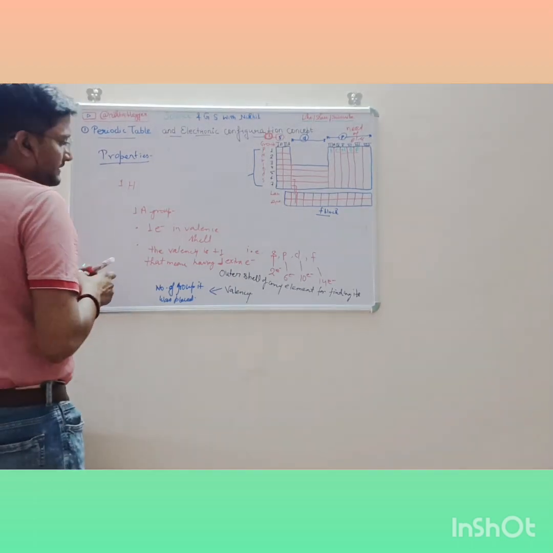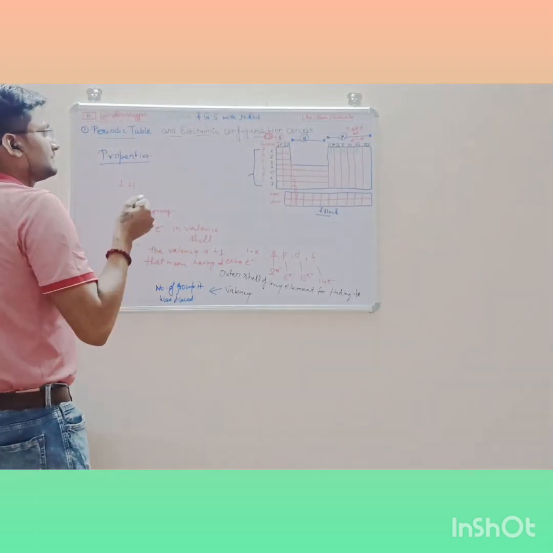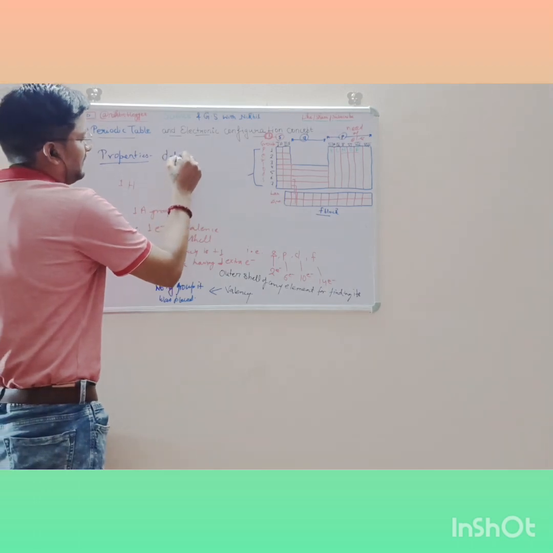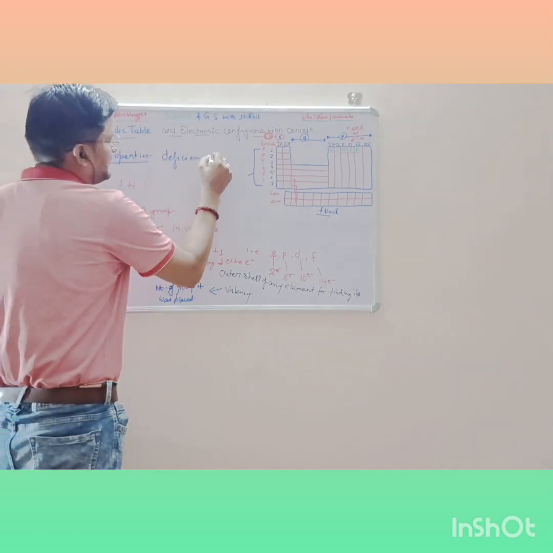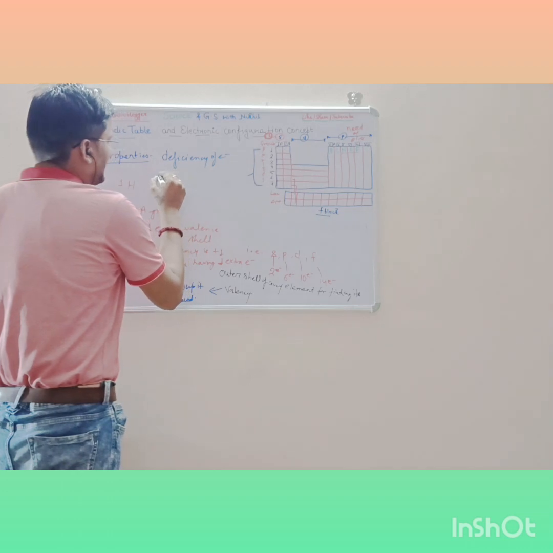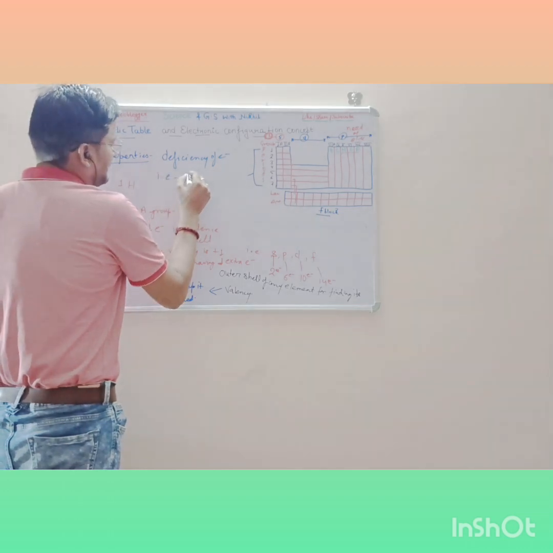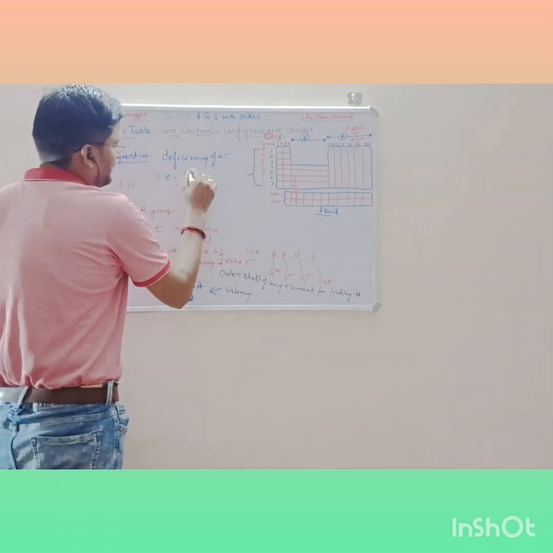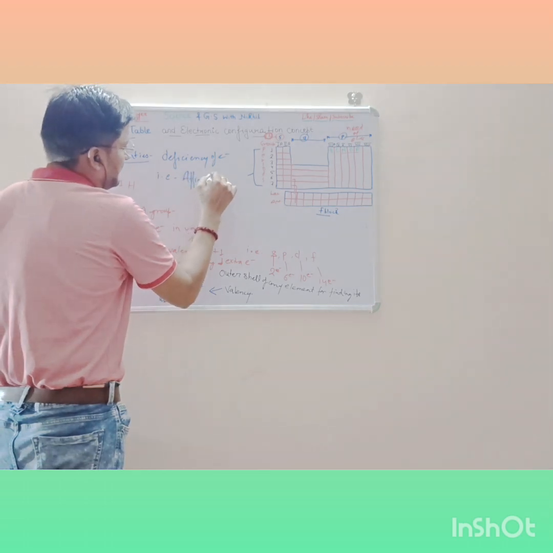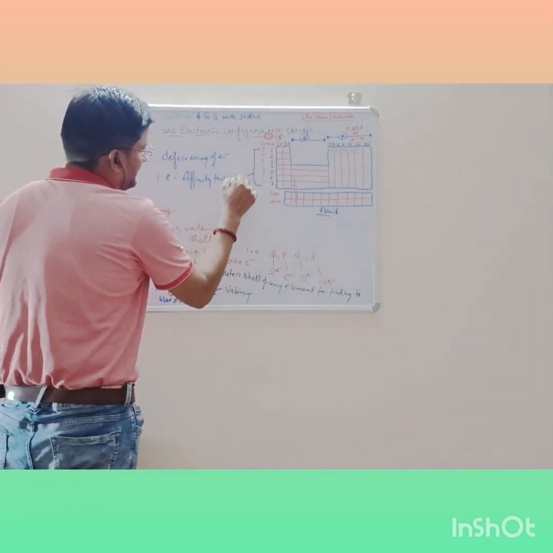Okay, when there is deficiency of electrons, that is affinity toward electrons.